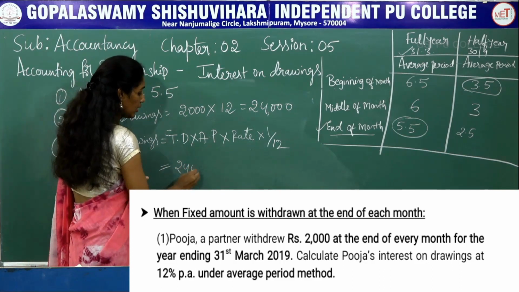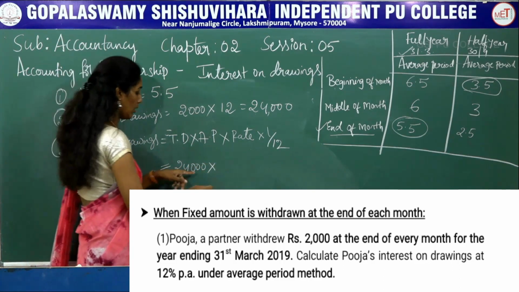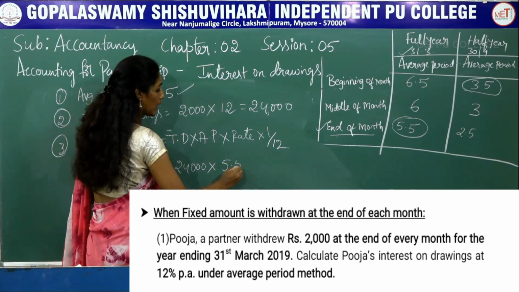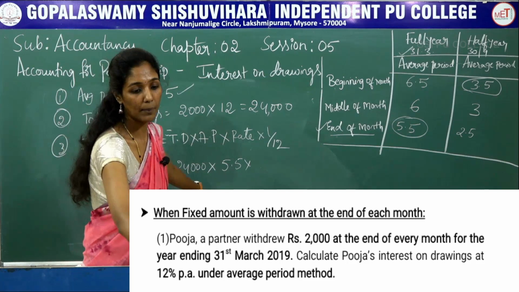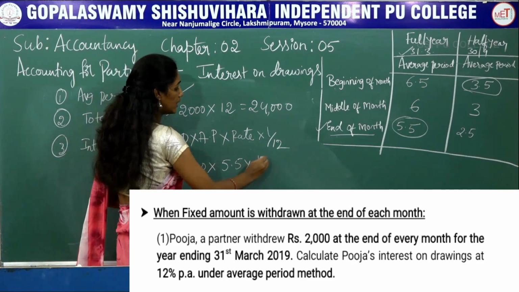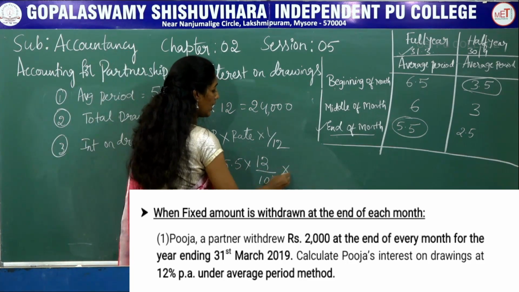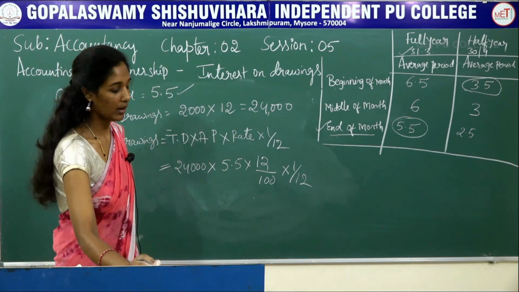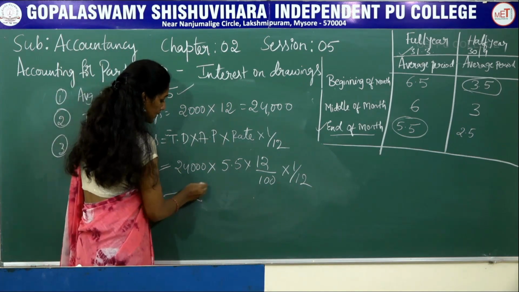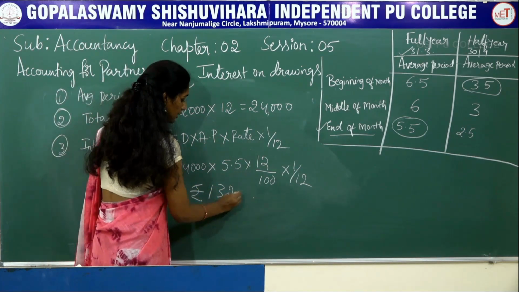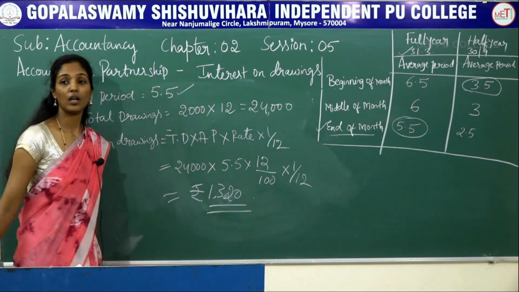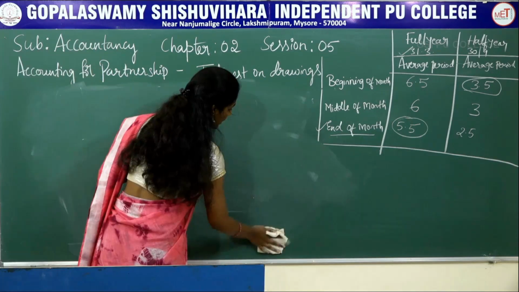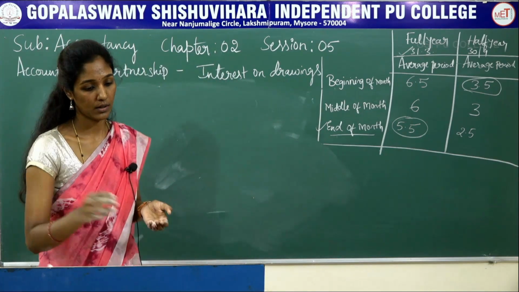Total drawings here is 24,000, average period is 5.5, rate is clearly mentioned in your problem, 12%, 12 divided by 100, and it is fixed 1 by 12. Then the interest will be rupees 1,320.